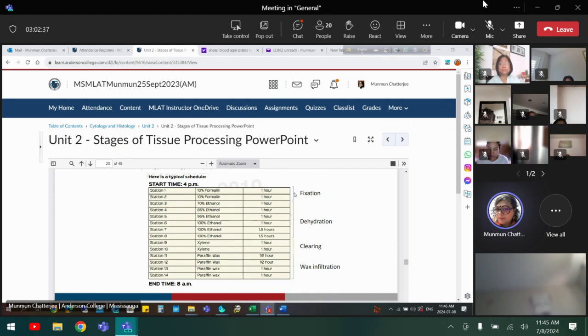Generally, what is the time limit for fixation and dehydration? Dehydration takes a couple of hours, right? First 10% formalin, you can put it for 1 hour, then 70% ethanol for the dehydration 1 hour, then 85% for 1 hour, 95% for 1 hour, then 100% ethanol for 1 hour.